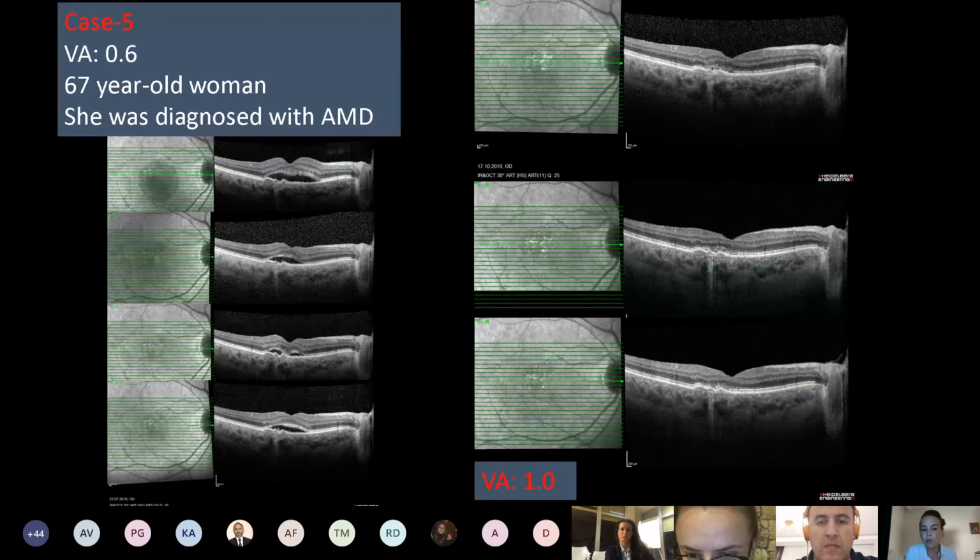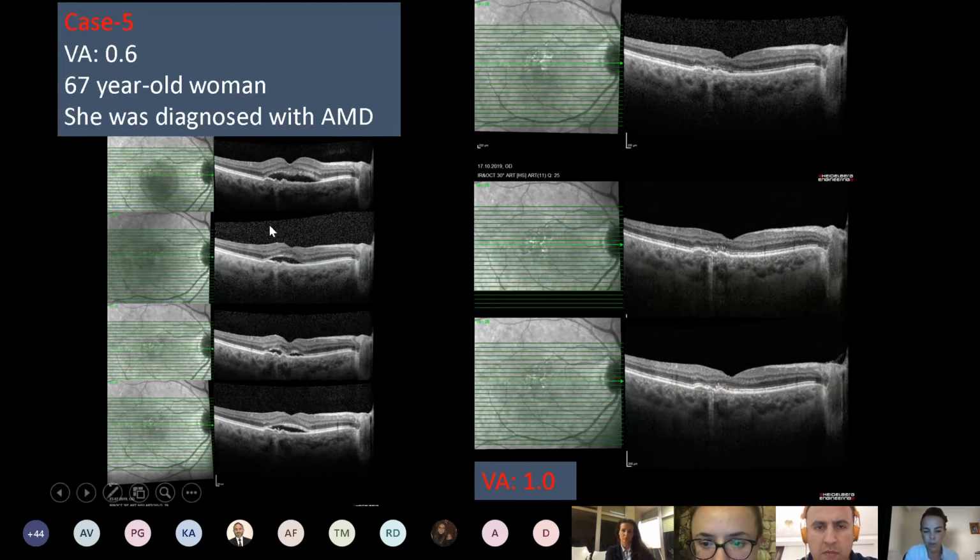This is the most striking one, I believe. Another case, an almost 70-year-old woman, visual acuity 0.6, diagnosed with AMD in another center. As you see here at the beginning, there is subretinal fluid and a flat irregular pigment epithelial detachment. I started anti-VEGF for this lady, and at the beginning there was subtotal resolution.